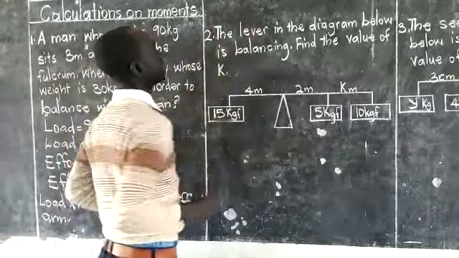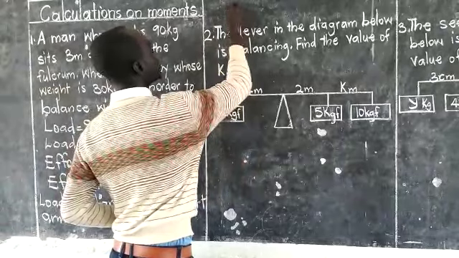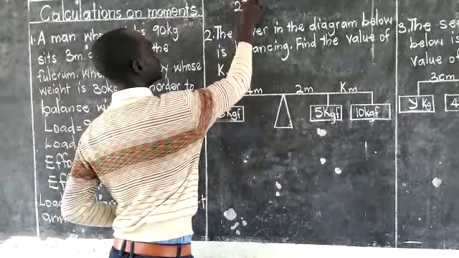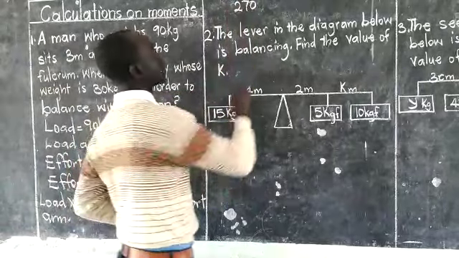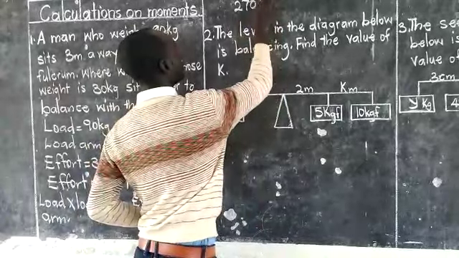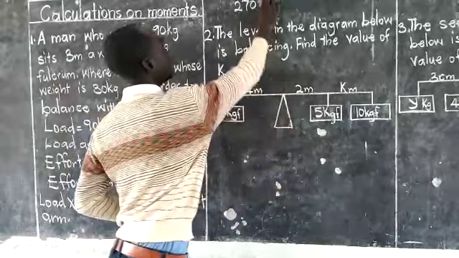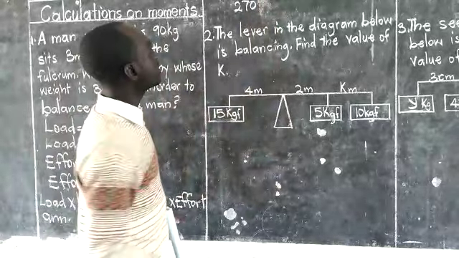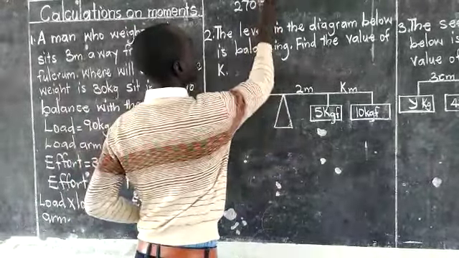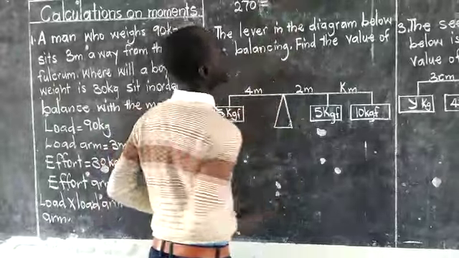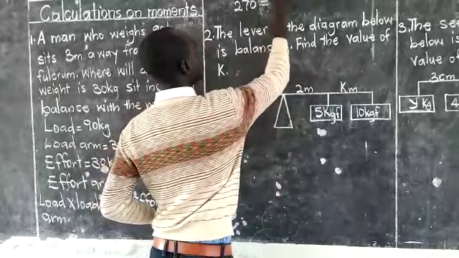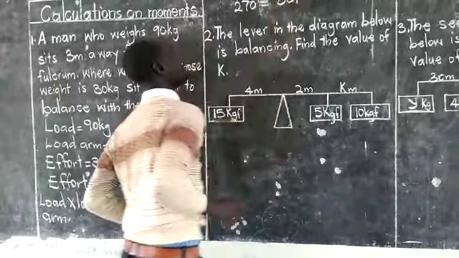When you multiply 90 by 3, this gives you 270. This should equal 30 times P. It gives you 30 P.